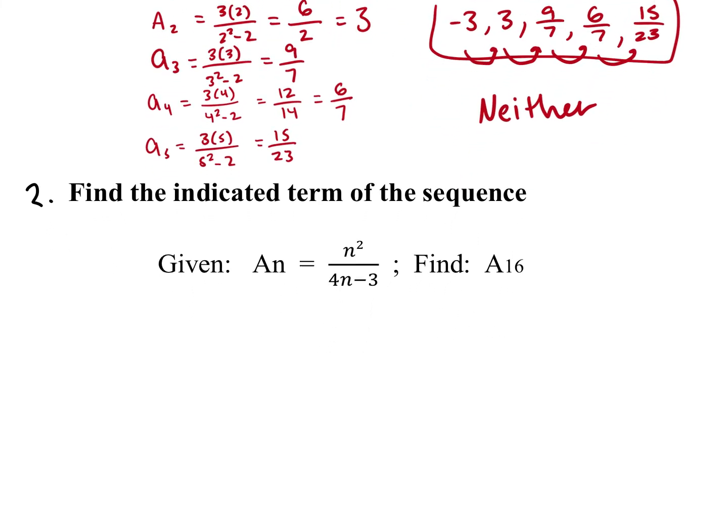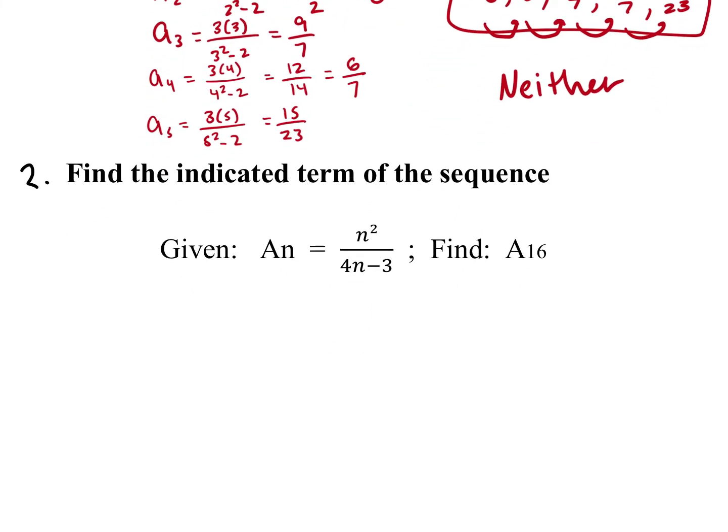All right, number 2. Find the indicated term of the sequence. So here it asks us for the 16th term, so we just plug in 16 into all of our n's. So 16 squared over 4 times 16 minus 3. So what is 16 squared? 256.